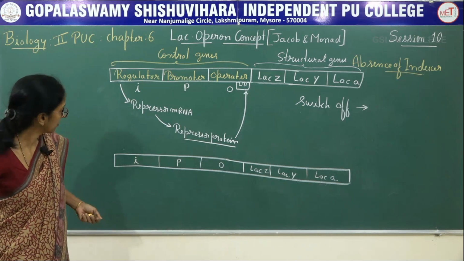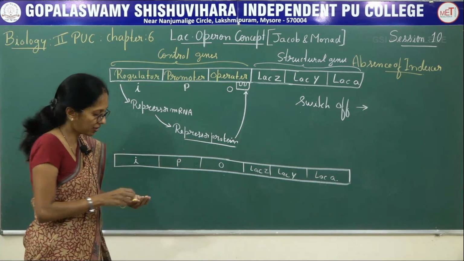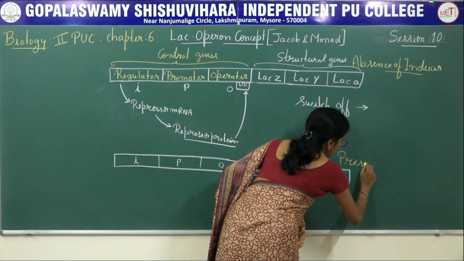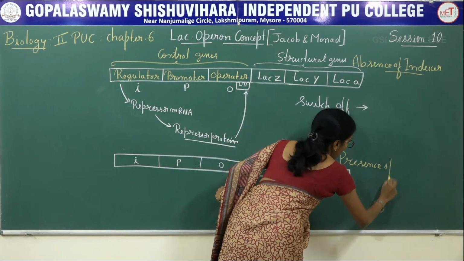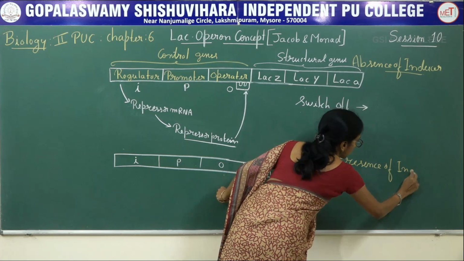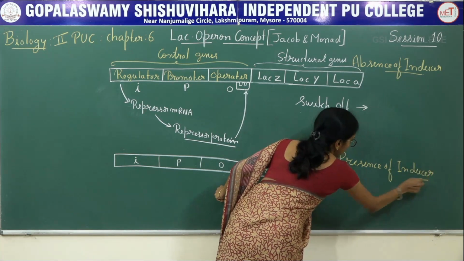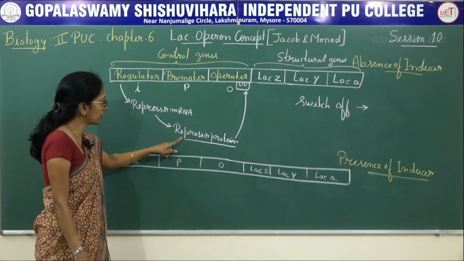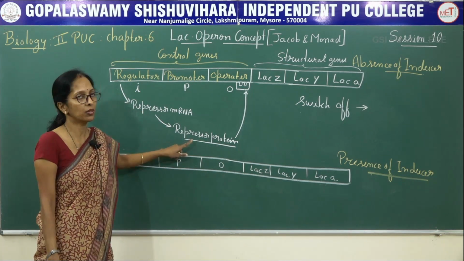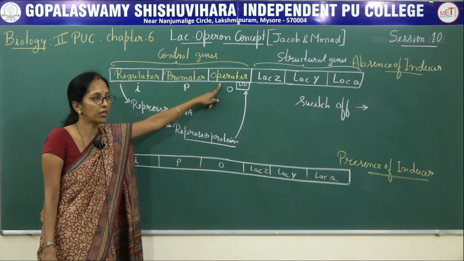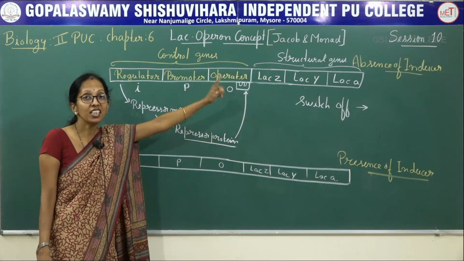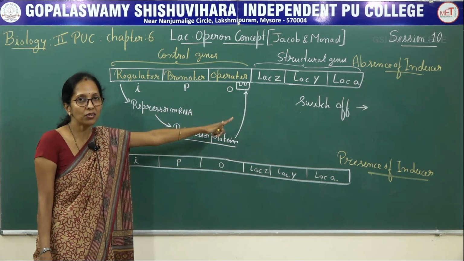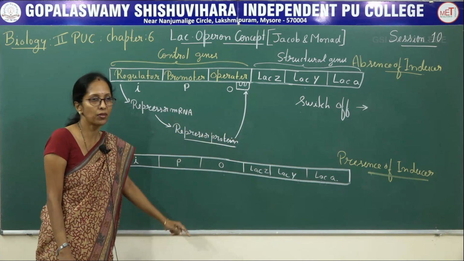Here what happens? In the presence of inducer, this regulator continuously synthesizes repressor protein, it immediately binds with the operator so that the switch is turned off. So that means the genes become passive, that means there is no synthesis of mRNA.